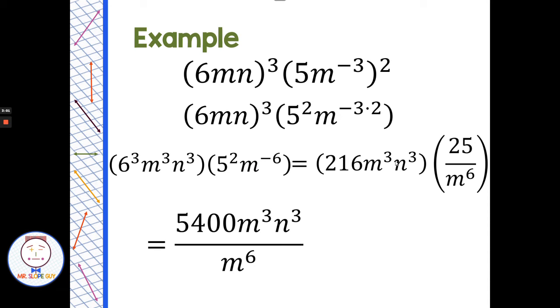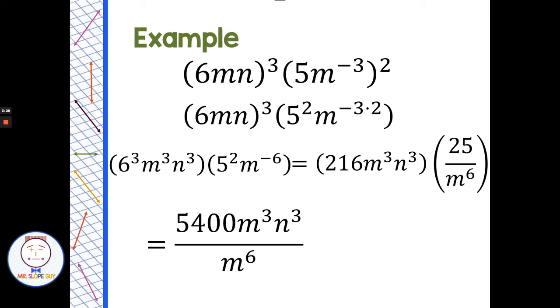The m's, m to the third times m to the negative 6, gives us m to the negative 3. The n, we don't have an n term here, so we're going to bring down n to the third, and we have an m to the third in the denominator. So now I have an m on the top and an m on the bottom. I have no negative exponents left to deal with, which is great, but having the same factors on the top and the bottom will cancel out or reduce.